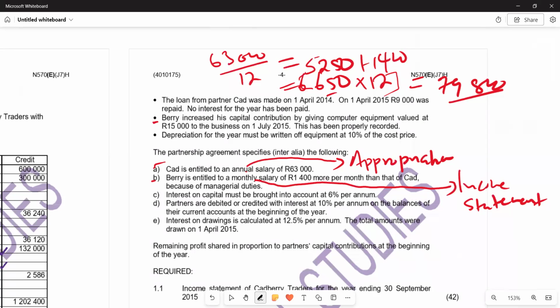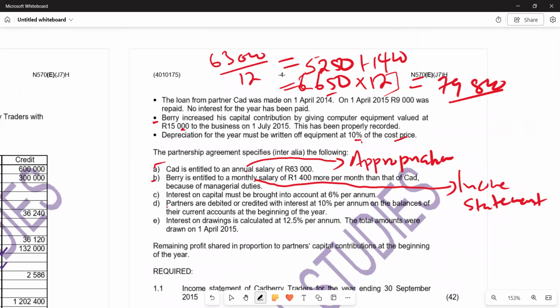So the depreciation rate is 10%, and it's on cost, which means we're using the straight line method, which says percentage times cost. But we are also told that there's new equipment that came during the year of 15,000. So this 15,000 is inside the figure that we are having for equipment in the trial balance, because it is written that this has been properly recorded.